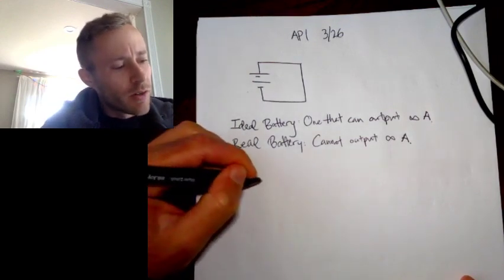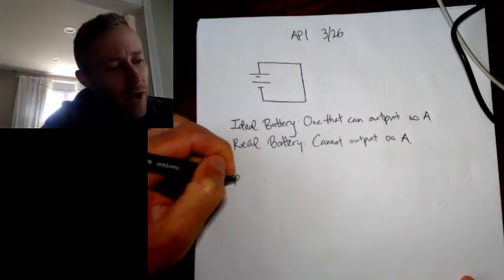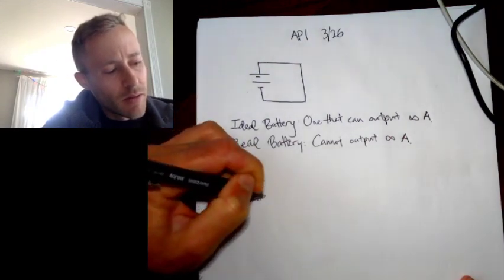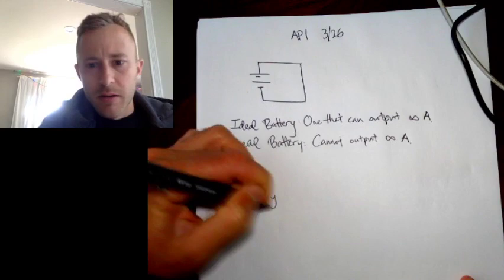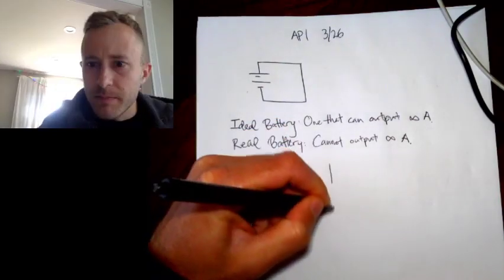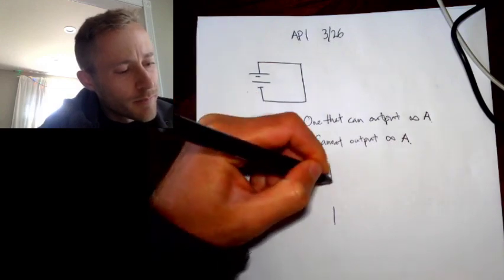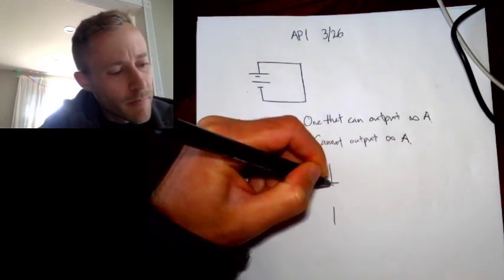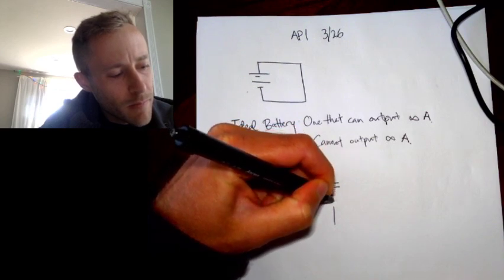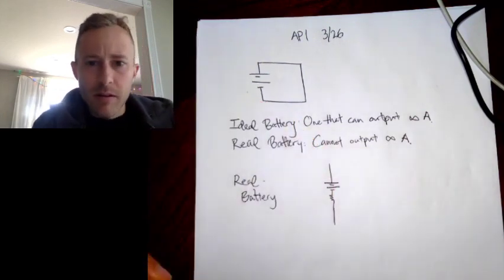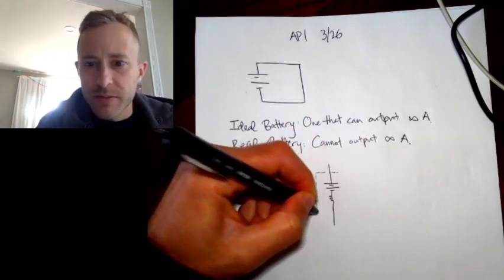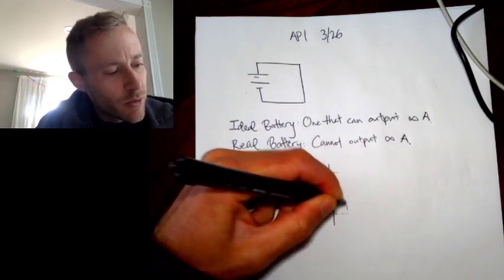So a real battery can be modeled like this. Okay, so everything inside this dashed box is a real battery.